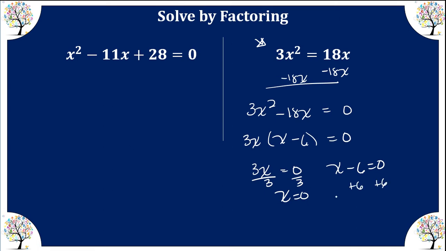The other x-intercept is at positive 6. So 0 and 6 are the two solutions. So if we were to graph this, here is one x-intercept, and here at 6 is the other. And then our parabola turns up because our a value was positive.